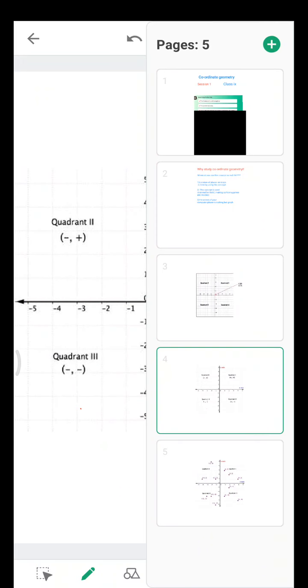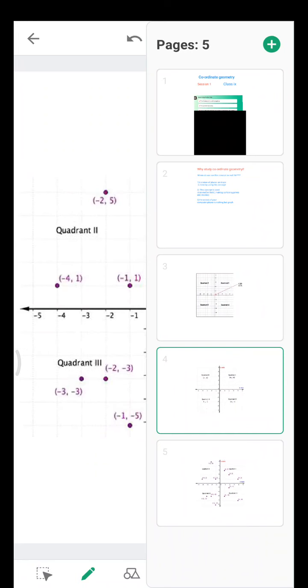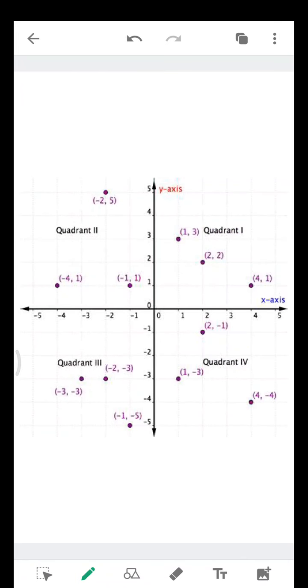The next thing, how to locate the points on the graph, or how to locate the places on the graph. So here you can see, the first point, that is 2, 2. The first coordinate is called x coordinate and the second is called y coordinate.